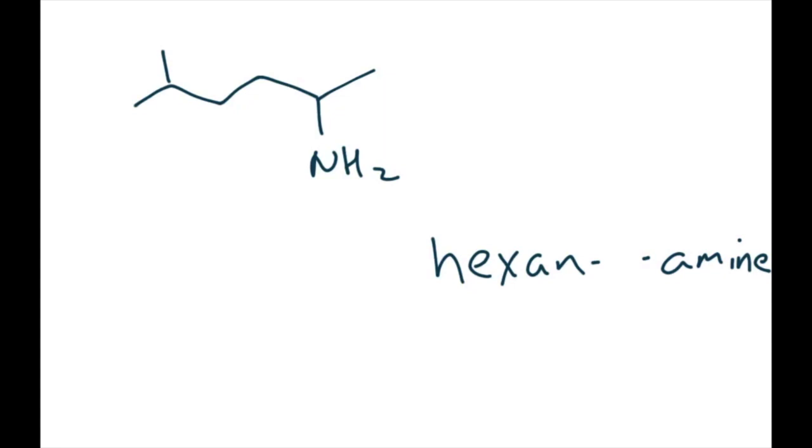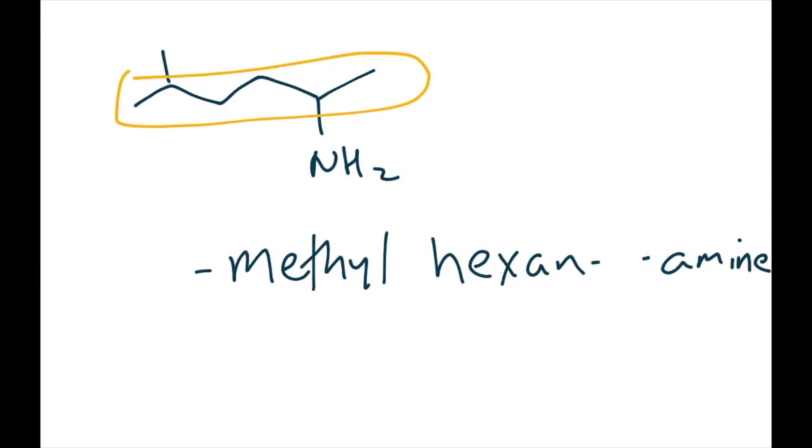And then what substituent do we have? Methyl. So we have methyl hexanamine. Do I number orange or do I number blue? Blue. So 2-amine, 5-methyl. Actually, make that a number. There we go. 5-methyl. Pretty straightforward. So primary amines are the easiest ones to name.